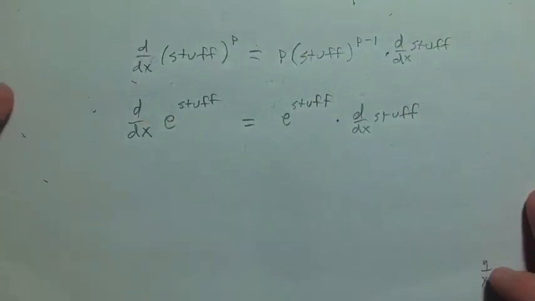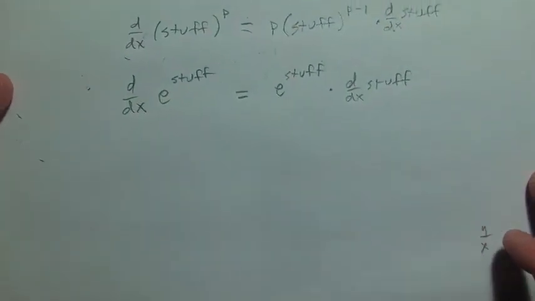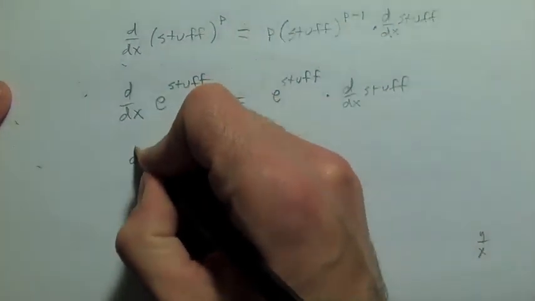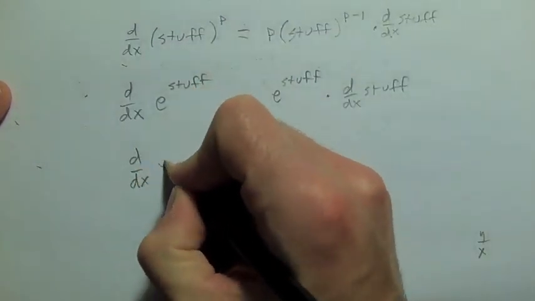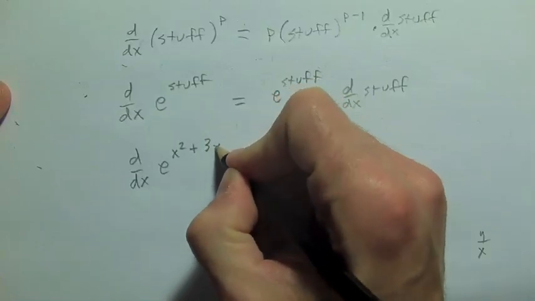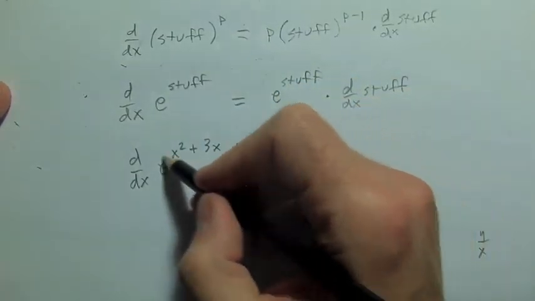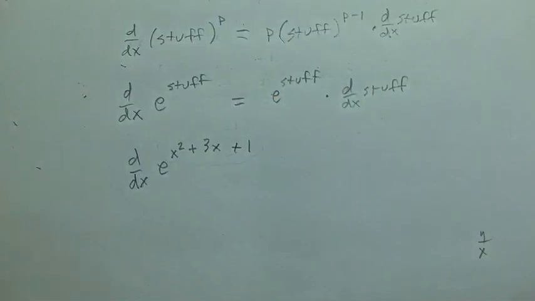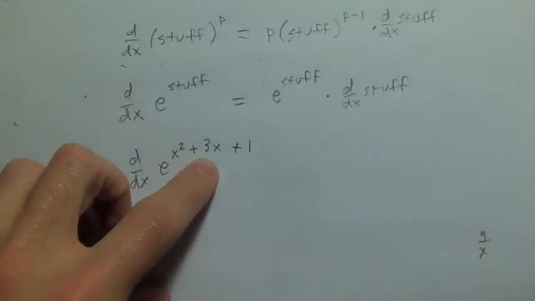Okay, so back to one of our earlier examples, one of the first questions we started with, if I wanted to find the derivative of e to the x squared plus 3x plus 1. It's all about identifying this stuff, that inner function and that outer function. So that inner function is x squared plus 3x plus 1.